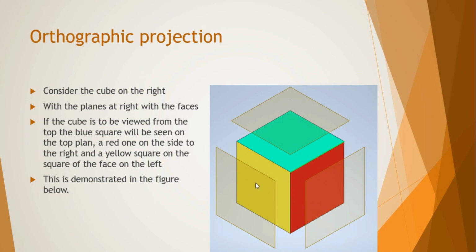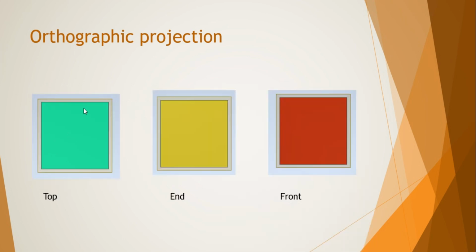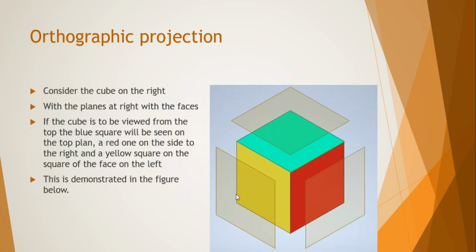If you were to view the cube from the top, you will see this blue face. And if you were to see the cube from this side, you'll be able to see the red face, which will be projected on this plane. So here is the view of what we are talking about. This is how you view it from the top, this from the end and the front. As you can see, this is our top, this is our end side, and this is our front side.